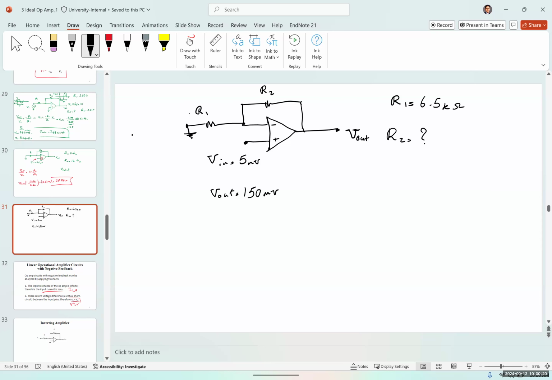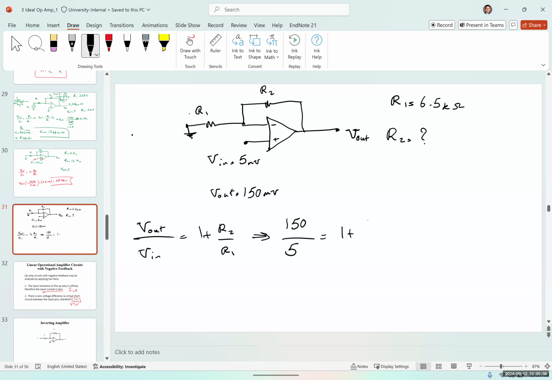So again, what type of amplifier is this? Non-inverting. So V out over Vn would be 1 plus R2 over R1. V out is 150, Vn is 5.